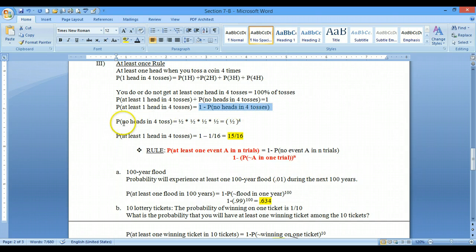Now let's talk about the probability of no heads in 4 tosses. That means I toss it once, twice, 3, 4 times, and the probability of not getting a head is 1 out of 2, 1 out of 2, 1 out of 2, 1 out of 2, which equals 1/2 to the 4th power. So I can replace that up here, and the probability of at least 1 head in 4 tosses is 1 minus, this is 1 out of 16, which gives me 15 out of 16.